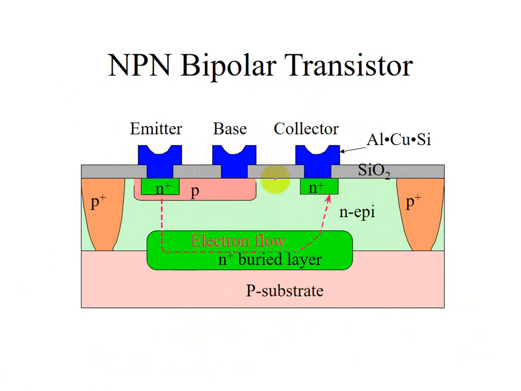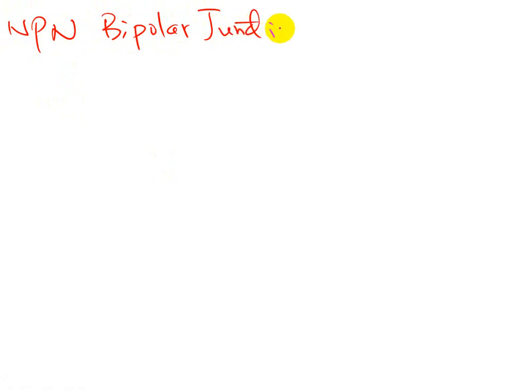Okay, let's try to discuss in detail how, for example, an NPN bipolar junction transistor operates. Hopefully we can succeed in the drawing using this whiteboard.